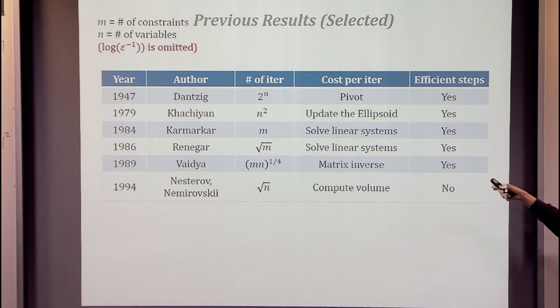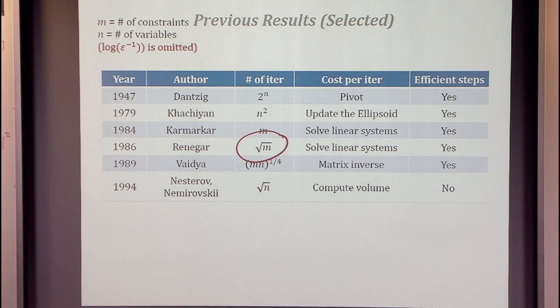After that, the exponent there is still 1/2, but people tried to improve m to n. The first result, by Ye, improved it to m n^(1/4). And then finally we get square root of n. In certain theory, this is the best result you can do using interior point methods.